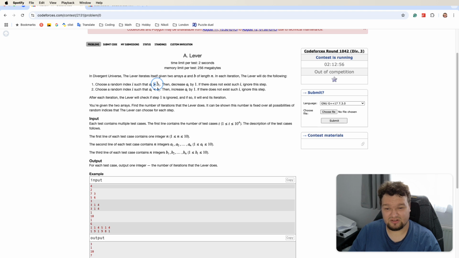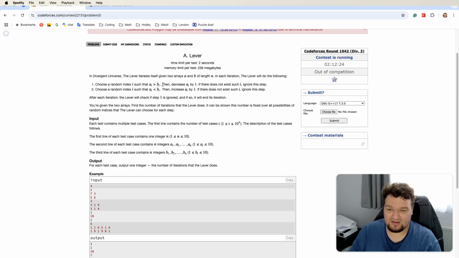Yeah, we need to calculate the number of times the first step can happen and the number of times the second step will happen. If those numbers are A and B, then after A plus 1 iterations, it will stop for sure. But before A plus 1 steps, it cannot stop.